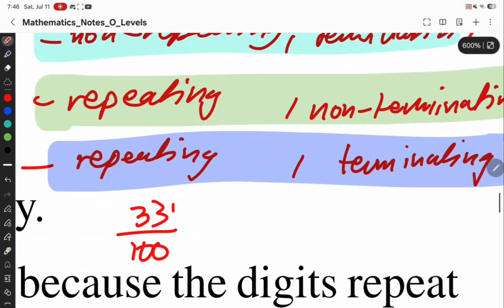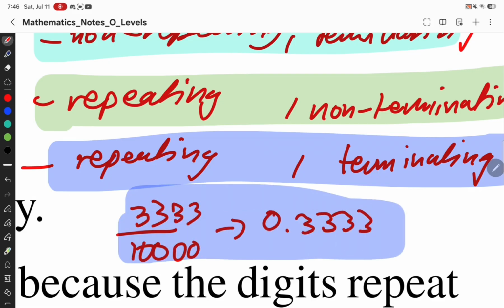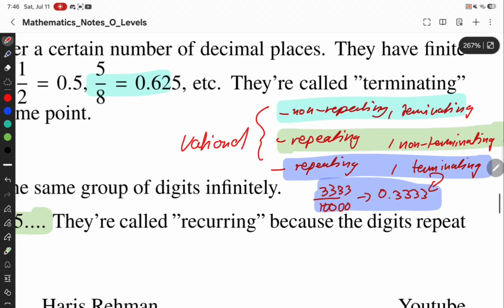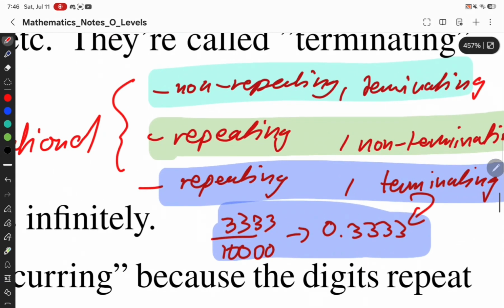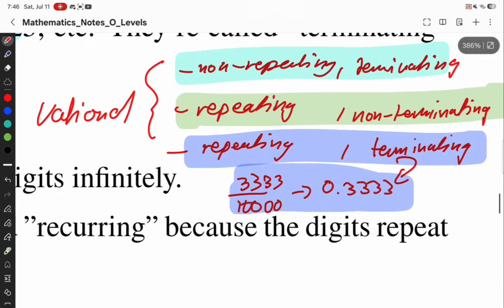For example, 0.3333. What is this? This repeats, but it also ends after some decimal places. So this is repeating and terminating. So what do we say? It is a rational number also. So these are the properties of a rational number.